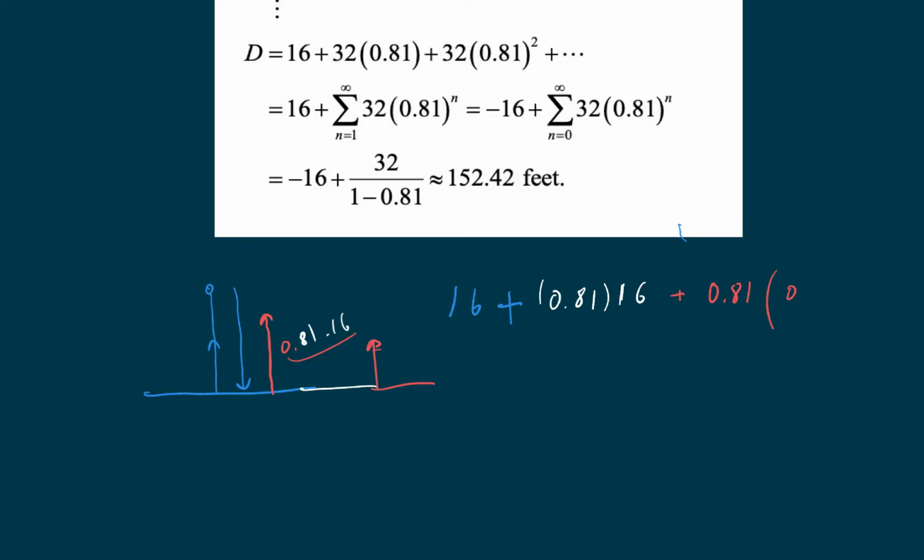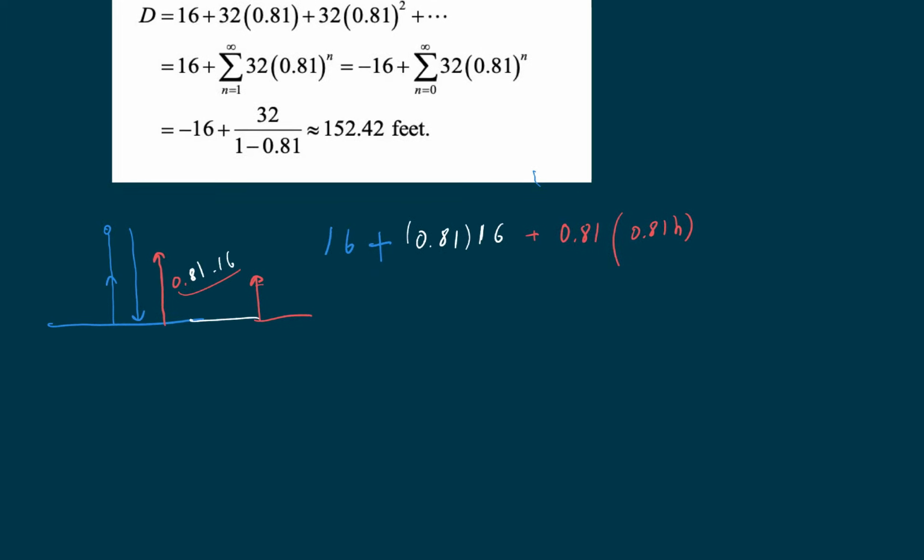The previous height is 0.81 h, so the next is 0.81 times 0.81 h.